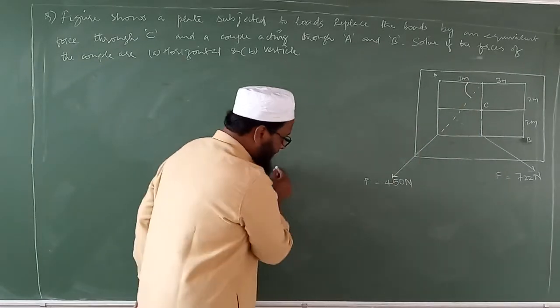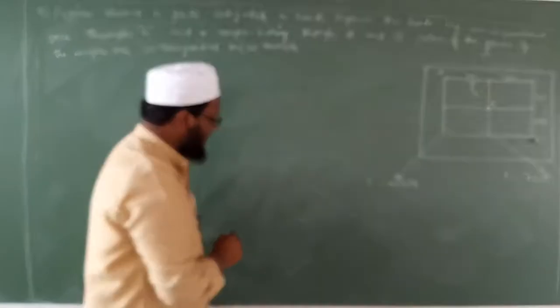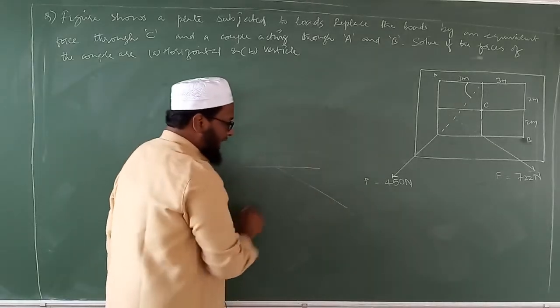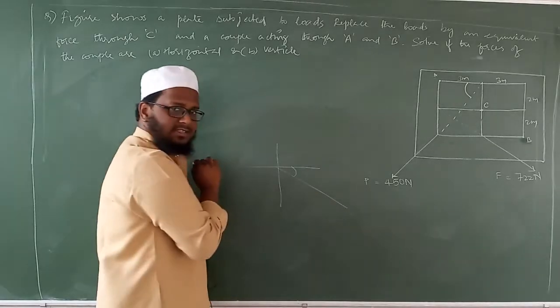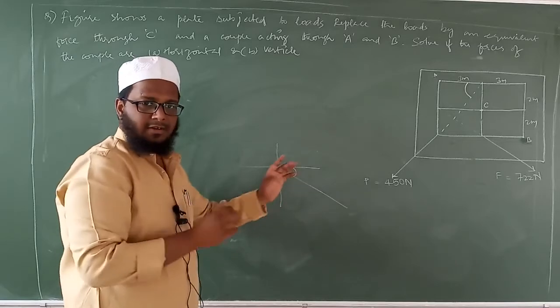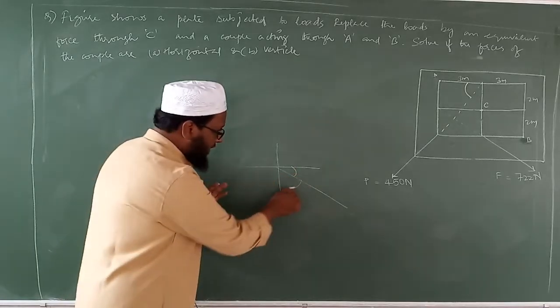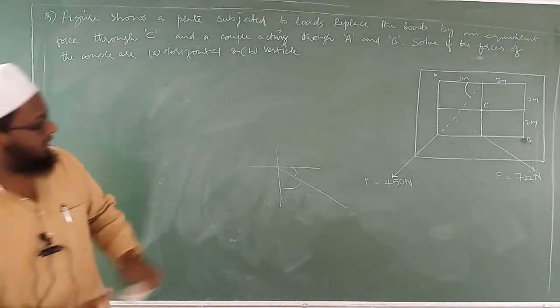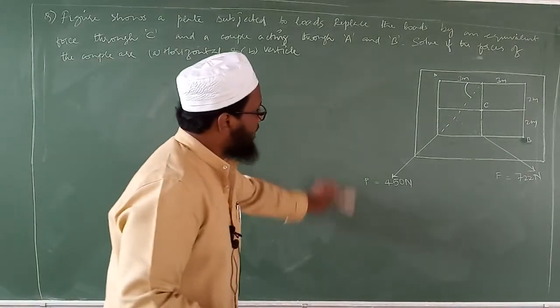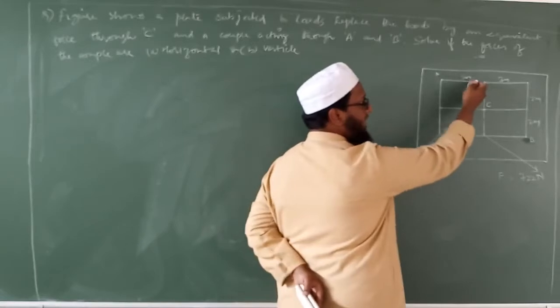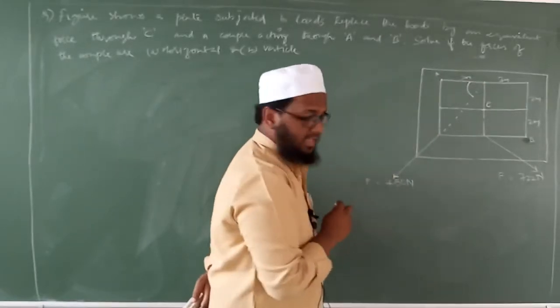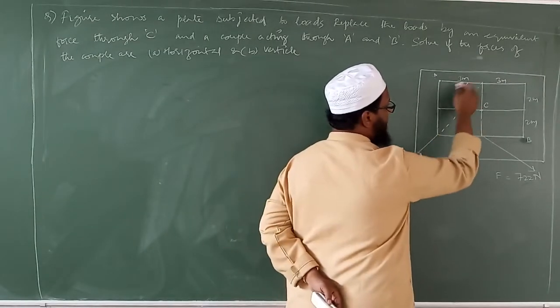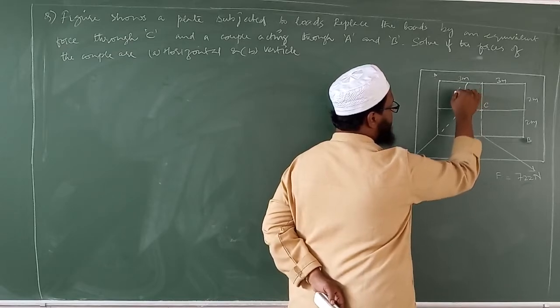Whenever you find a horizontal line and an inclined line, calculate theta with x so that our problem becomes easy, instead of going with the y-axis. Always remember this. So here I have provided an angle with the x-axis. This is my horizontal line, right? So I'll name this as alpha.